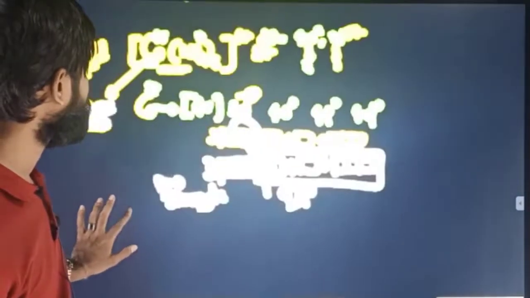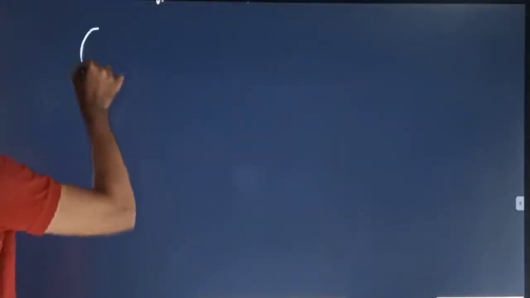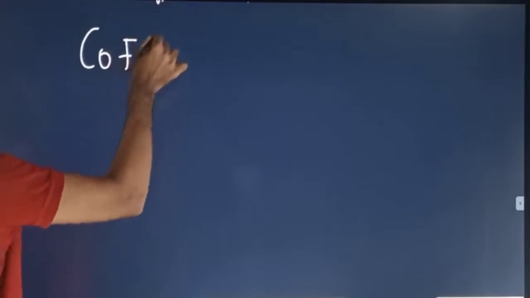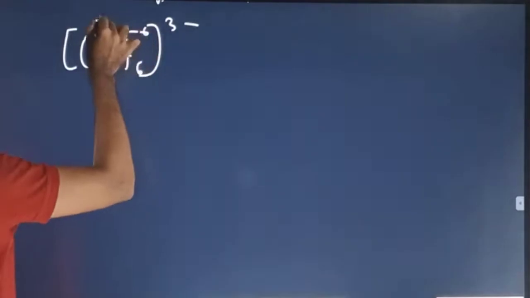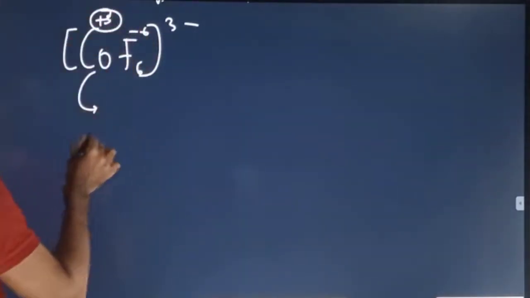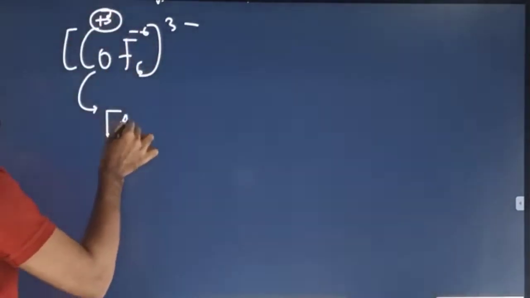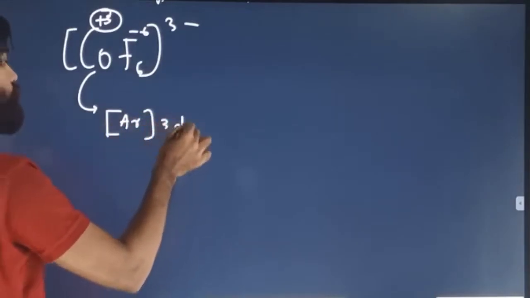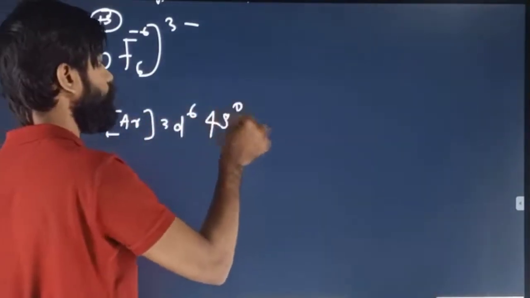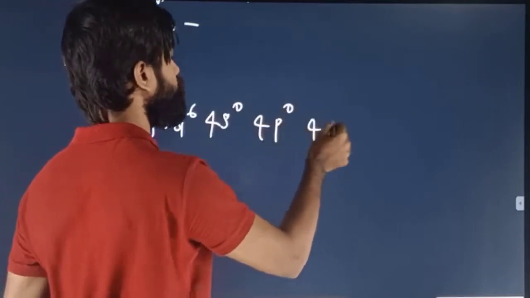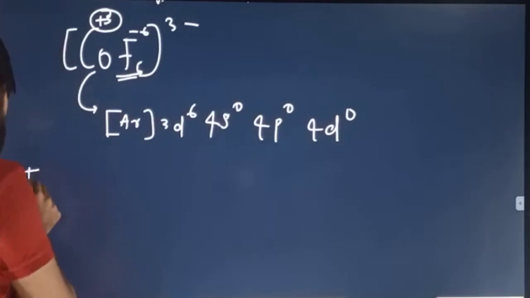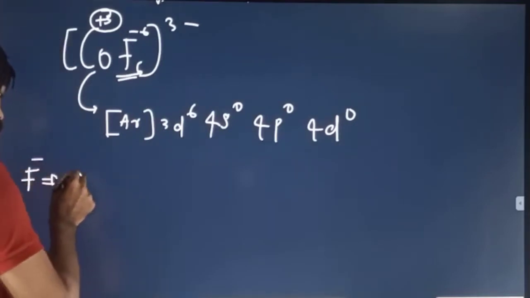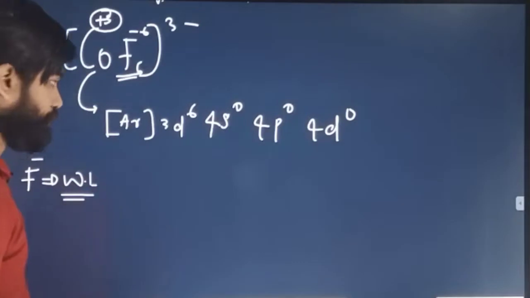The next. I think this is okay. Like that, if I have [CoF6]3-, the very same cobalt: 6 minus 3, cobalt is still in +3. Cobalt 3+ means argon 3d6, 4s0, 4p0, 4d0. Here F minus is a weak ligand because it is a halogen.